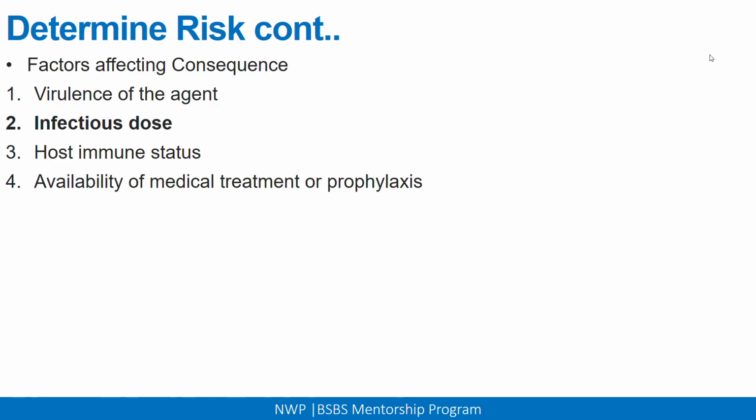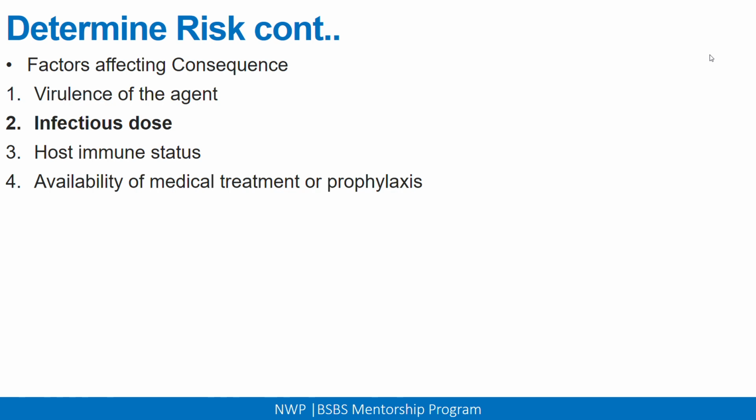Is there treatment or prophylaxis for this particular agent? If there is treatment for this agent, like if you get infected with, let's say, E. coli or Staphylococcus, most likely you may just need to take some form of antibiotics because there's treatment for it. So you can just get the treatment and within a very short period of time, maybe 2 to 3 days, you are better and you're back to work again.